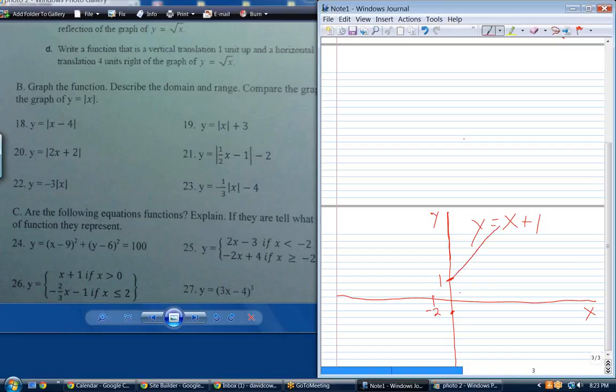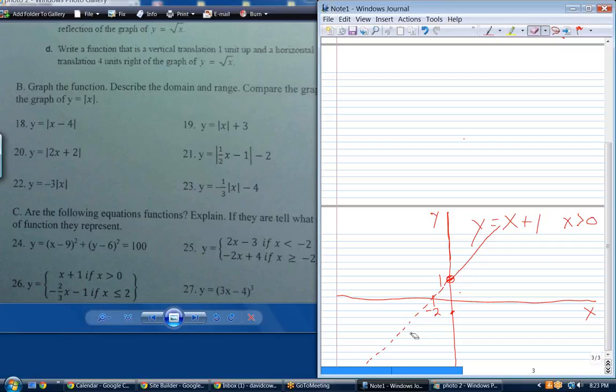And this part of the line I'm going to make dotted, only as a way of explanation. In other words, this is the function whenever x is greater than 0. So there needs to be a circle right there. It's only to the right that I'm going to graph this part of the line.